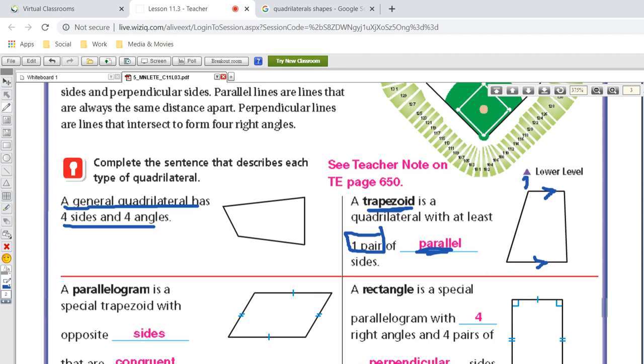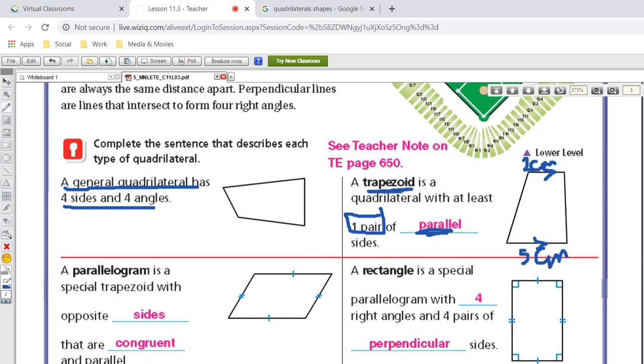So we can say like this 2 centimeters and here let's say 5 centimeters. Not equal in length, but they are parallel. Okay? Yes, you have to copy this, guys. Okay, the next one. Parallelogram.